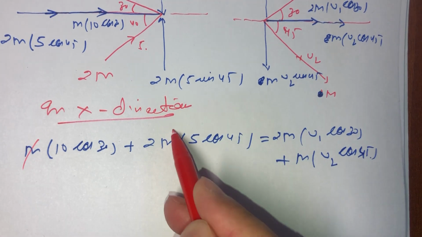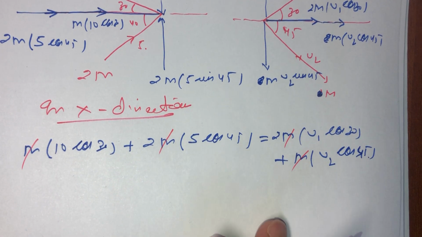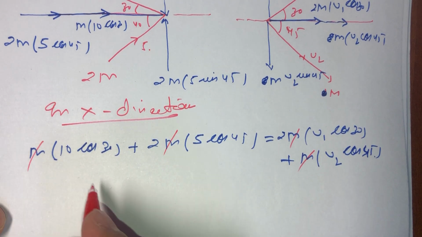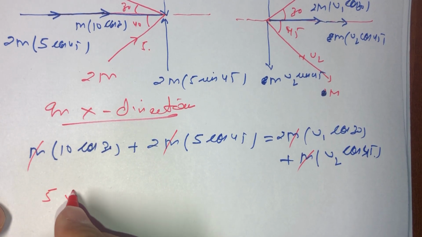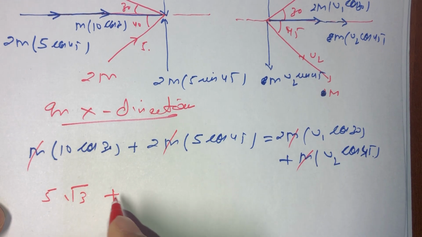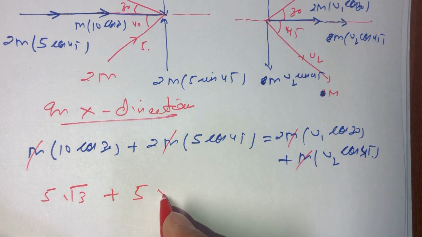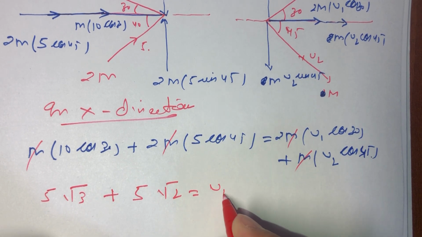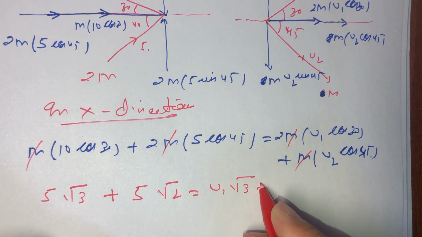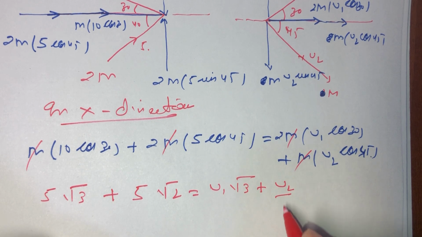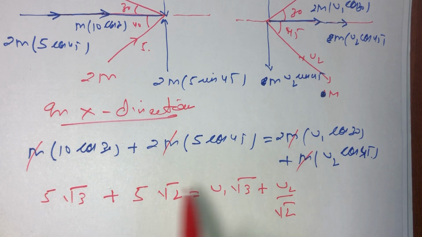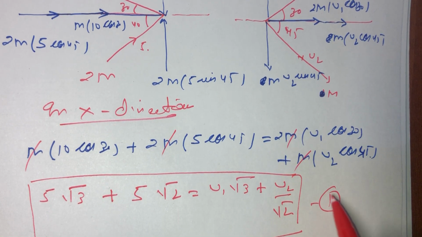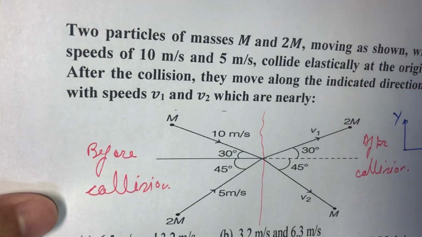Now m cancels out throughout, and putting in the respective values, we get 5 root 3 plus 5 root 2 is equal to v1 root 3 plus v2 root 2. Let us call this equation number 1. This was in the x direction.